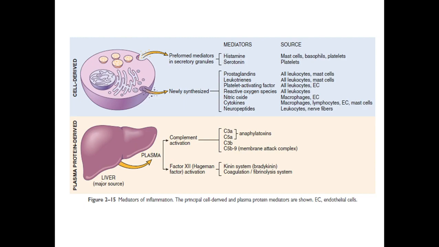Then we have the plasma proteins اللي هي derived from the liver، synthesized from the liver، وتنطرح بالبلازما اللي هي complement system، والهاجمان factor اللي هو factor 12. All these are the mediators of inflammation وأنتم مطالبين بحفظها.